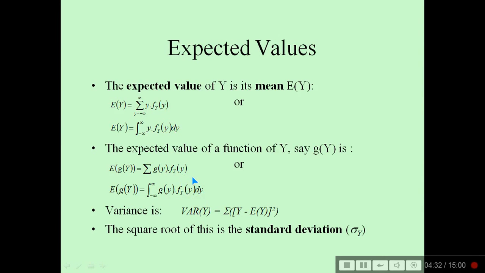We have known this for discrete and for continuous. The variance will be the expected value of the squared difference, and the square root of this will be the standard deviation, as we calculate standard deviation, sigma.